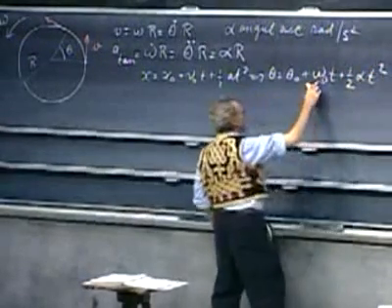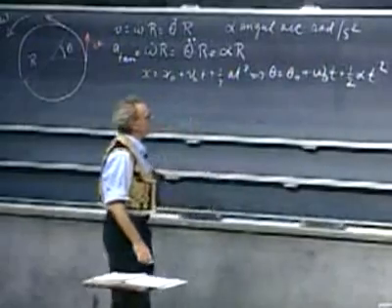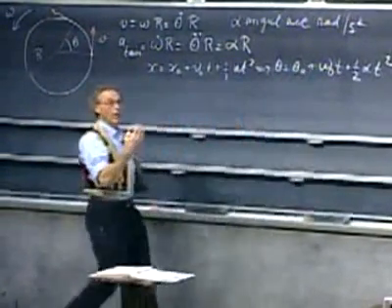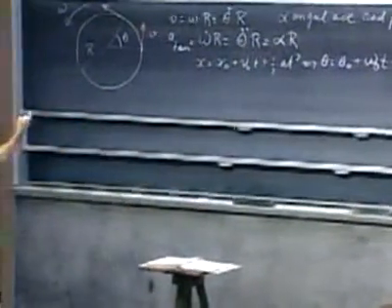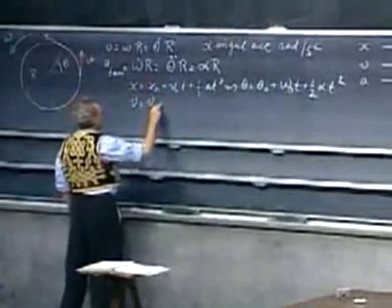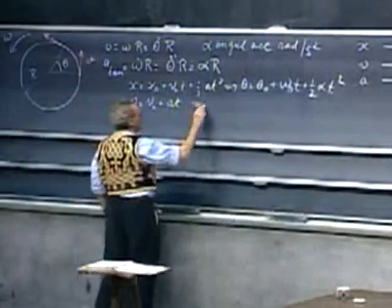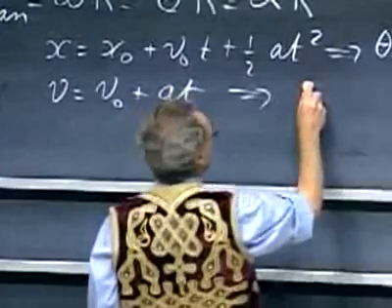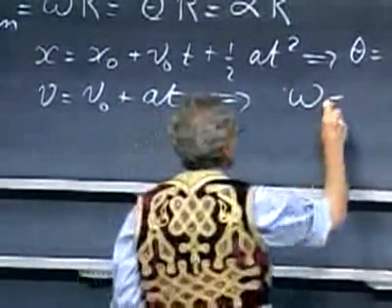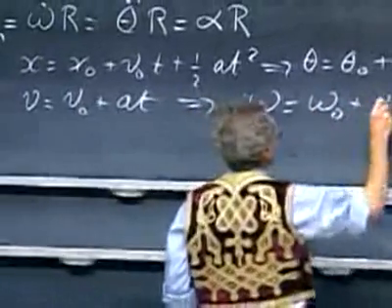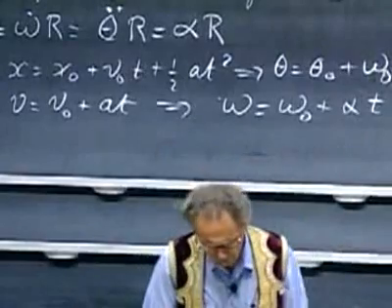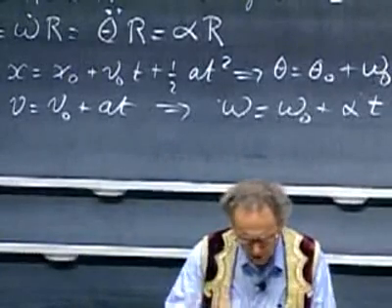It's that simple. Omega 0 is the angular velocity at time t equals 0, and theta 0 is the angle at time t equals 0 relative to some reference point. And the velocity v0 plus at becomes the angular velocity omega equals omega 0 plus alpha t. So there's really not much added in terms of remembering equations.